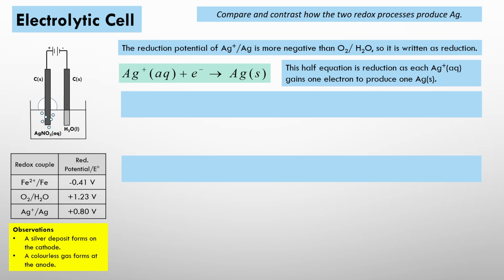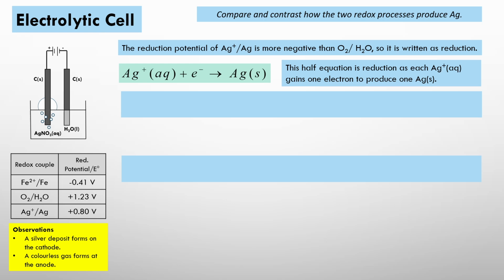Now, if by chance this was a molten mixture, remember that in a molten mixture, often the metal, when it's formed, is in a liquid form because it's a really high temperature and it's melted, and the ions are liquid too. It's not in this case, so we don't need to worry about that.